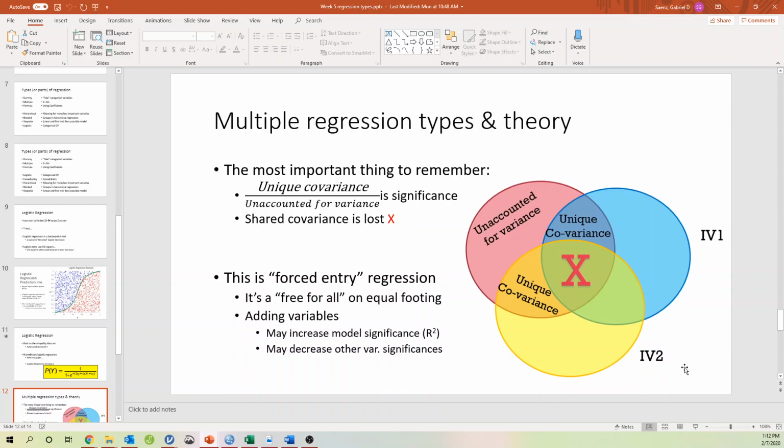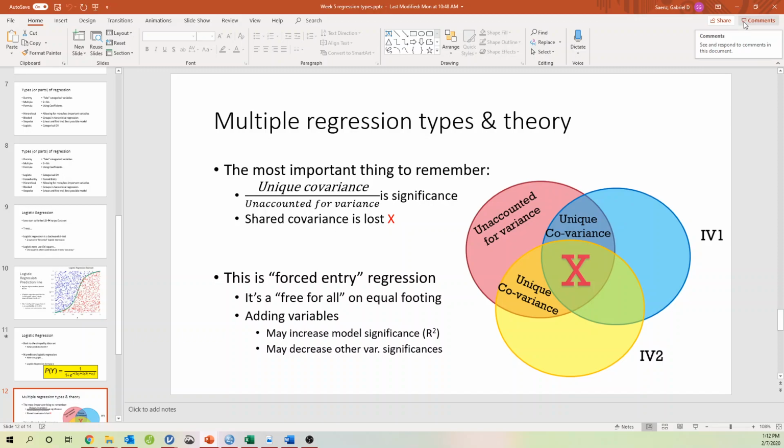Same thing happens with IV2. Only the unique covariance between the independent and dependent variable is compared to the remaining variance in the dependent variable to estimate a significance. How much does independent variable 2 predict dependent variable?